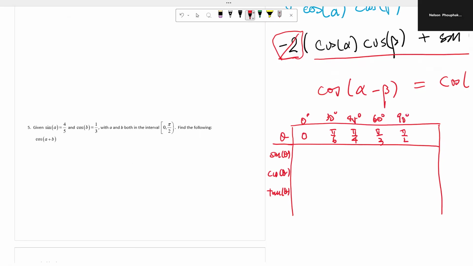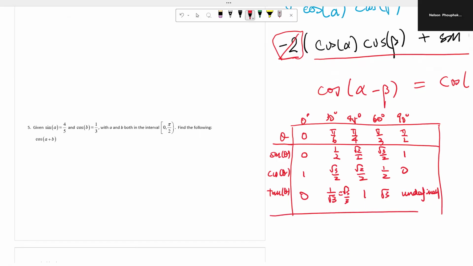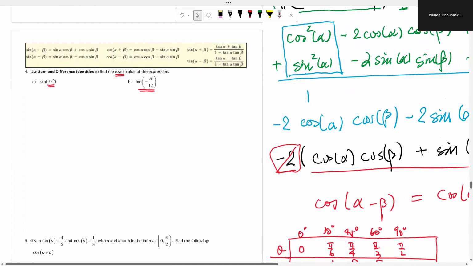If you remember this, then the table will give you sine of 0 equal to 0, sine of pi over 6 is 1/2, root 2 over 2, root 3 over 2, and then 1. If you remember this table, it will help us to work on the problem.